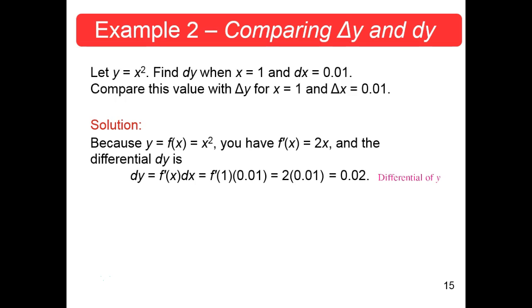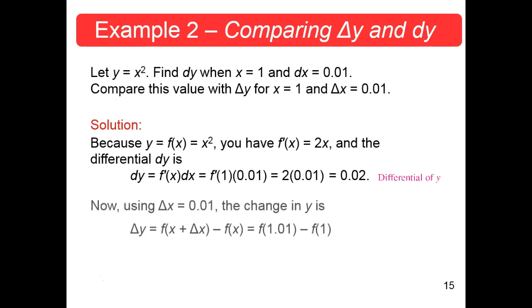And that dy, f prime of x, when x equals 1, is f prime of 1, which is 2 times 0.01, since delta x is 0.01. So f prime of x dx is 2 times 0.01, which is 0.02. And yes, we got that.